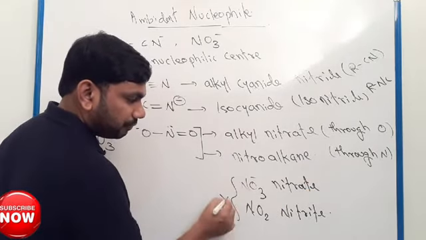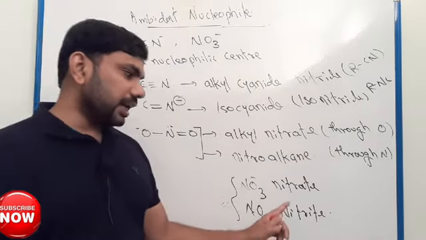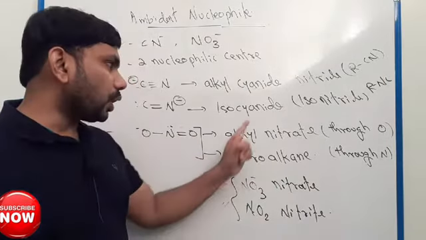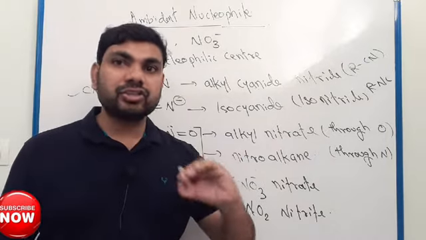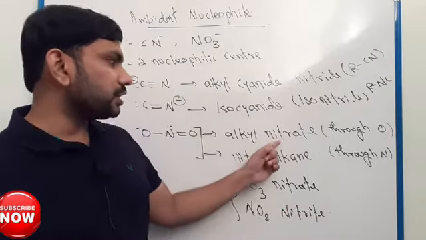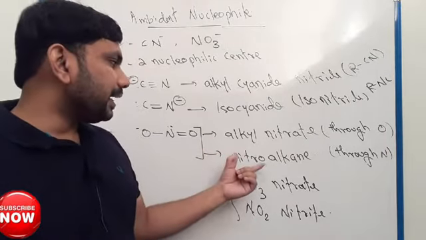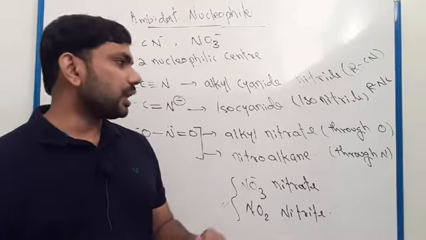So these two are different, they are not the same, nitrate and nitrite. Alkyl nitrite means bonding through the oxygen atom. Nitroalkane means the carbon atom makes a bond through the nitrogen atom.